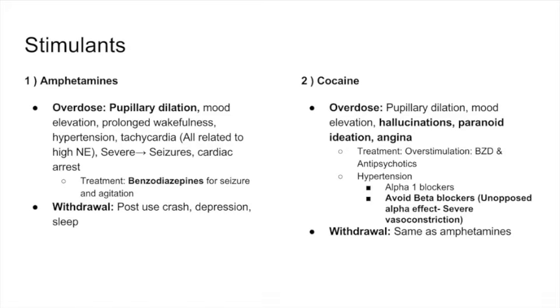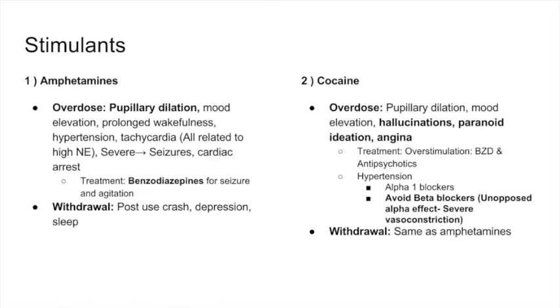But if you give beta blockers by themselves, think about what's going to happen. The norepinephrine wants to stimulate the heart, but it's antagonized by the beta blockers on the heart, so it's not going to work there. But it will go to the vasculature and cause severe vasoconstriction.